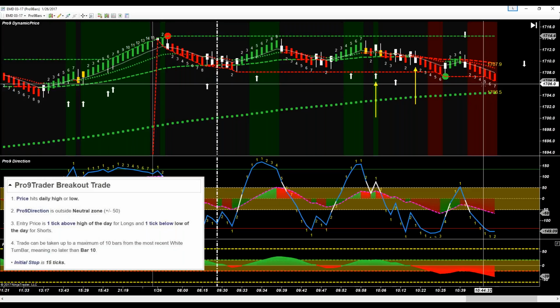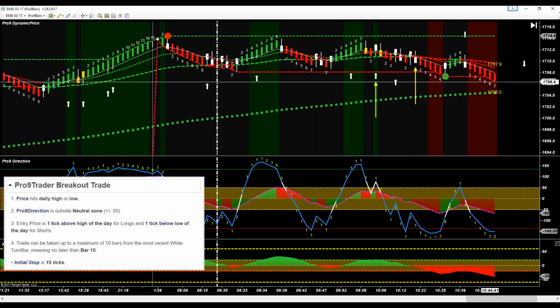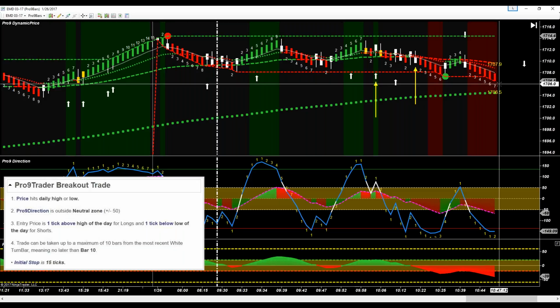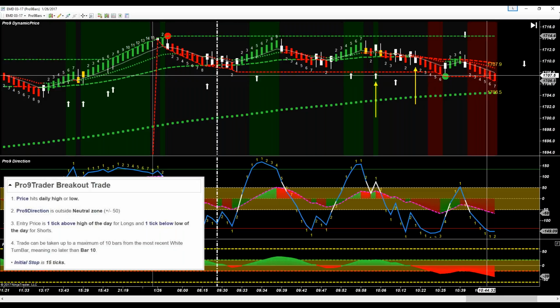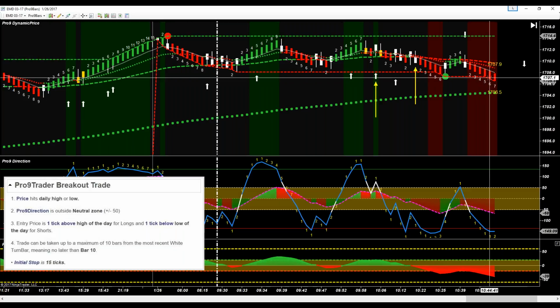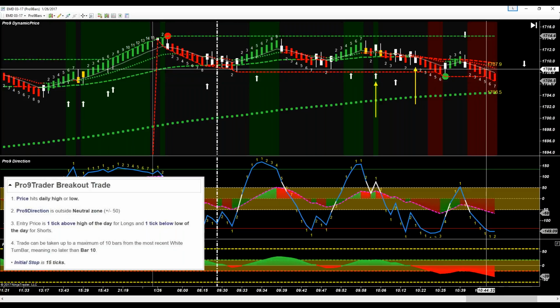the price only breaks through the low of the day once. We want, and I like to say the established low, because while we do have a new low of the day here on bar 7, these bars are going to continue creating a new low of the day as each one plots. So it's not like we have a breakout here and then another breakout on bar 6, and another breakout.